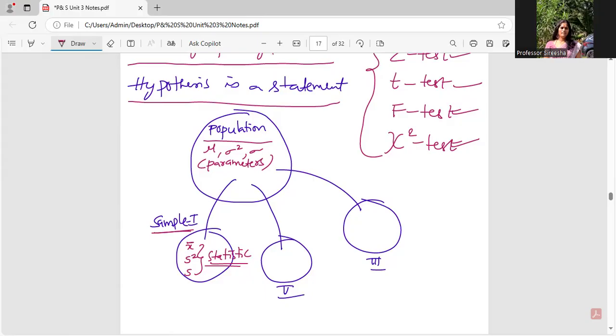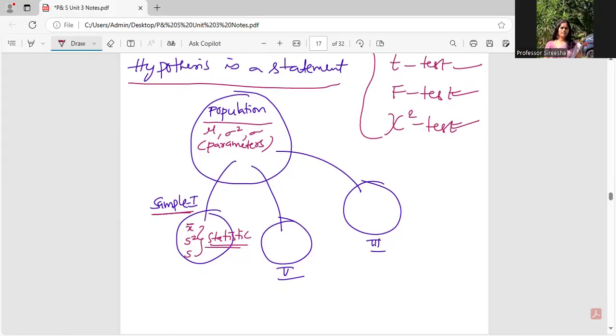To check for the population, I'll be picking up samples, one or many in number. For the population, I'll have the mean, variance, and standard deviation. These would be called parameters, and the same things with a different notation for the sample would be called statistics.